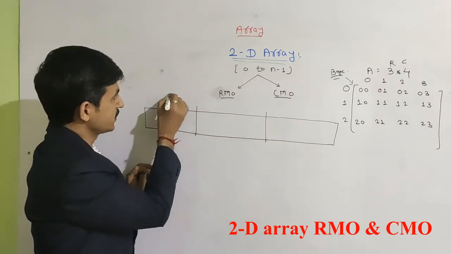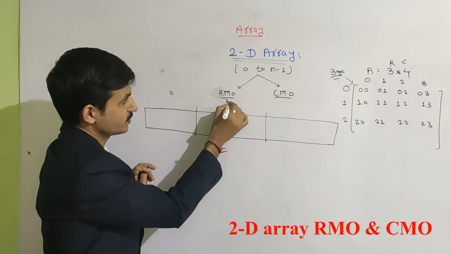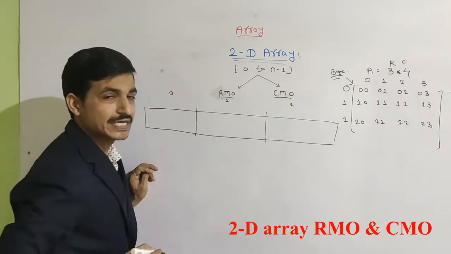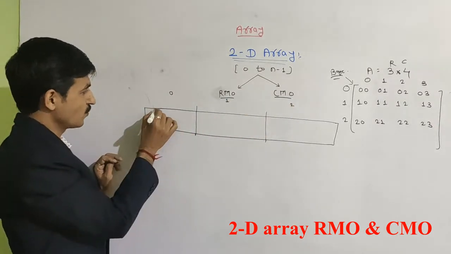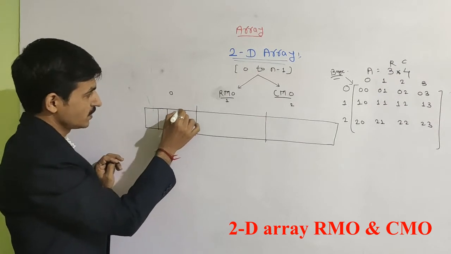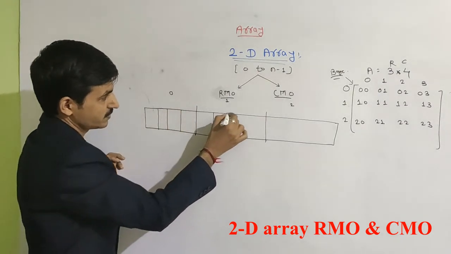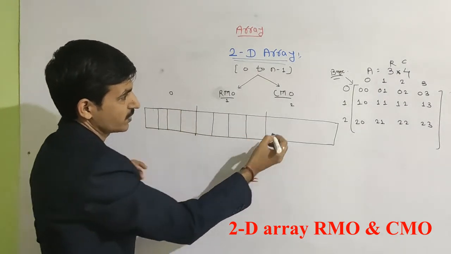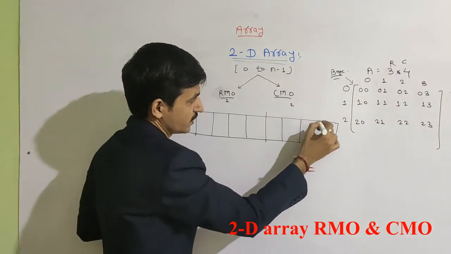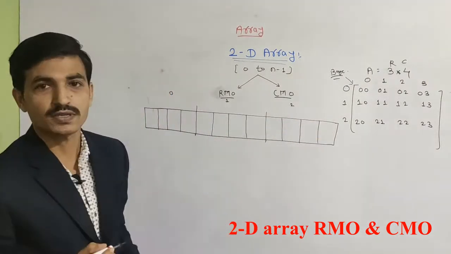So this is my 0th row, this is my first row, this is my second row. Each row contains 4 elements, so 4 blocks are there in each.